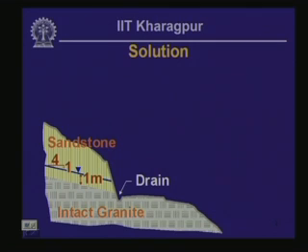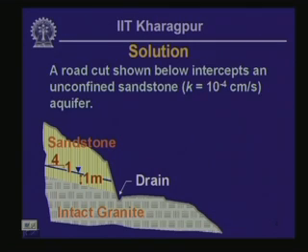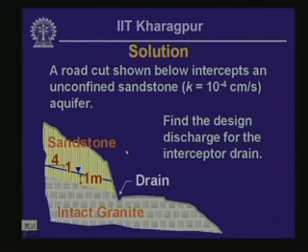The permeability of the sandstone aquifer was 10 to the power minus 4 centimeter per second, and I asked you to find the design discharge for the intercepted drain. Okay, now let's get on with the solution first.